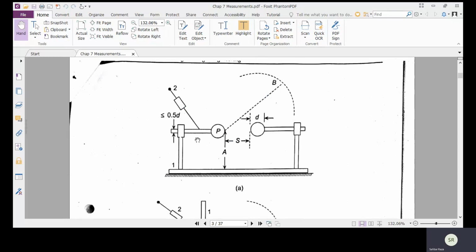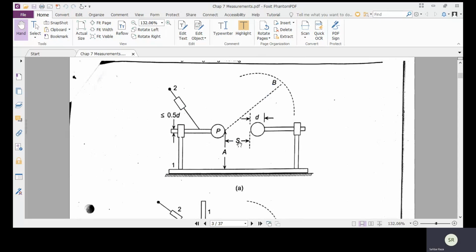The height of the sparking point P above the horizontal ground plane A, and the minimum clearance B around the sphere within which no external objects are allowed, are related to the diameter D and to gap spacing S respectively.